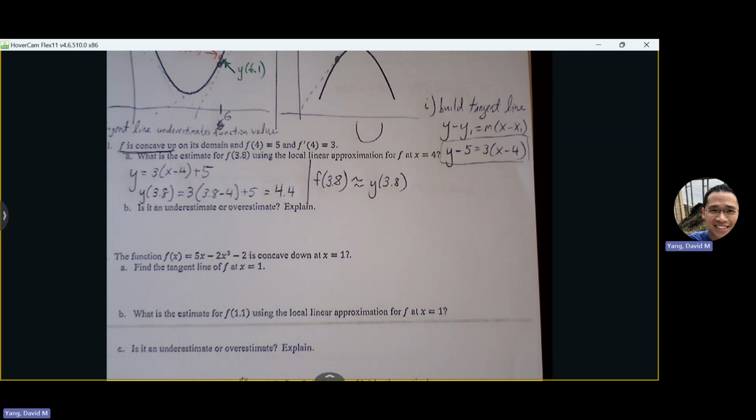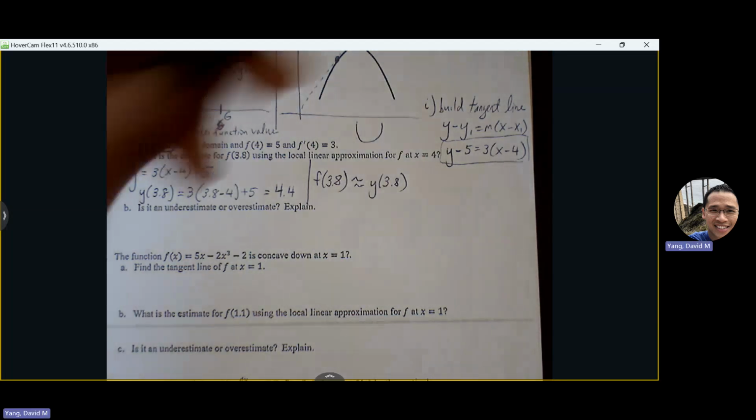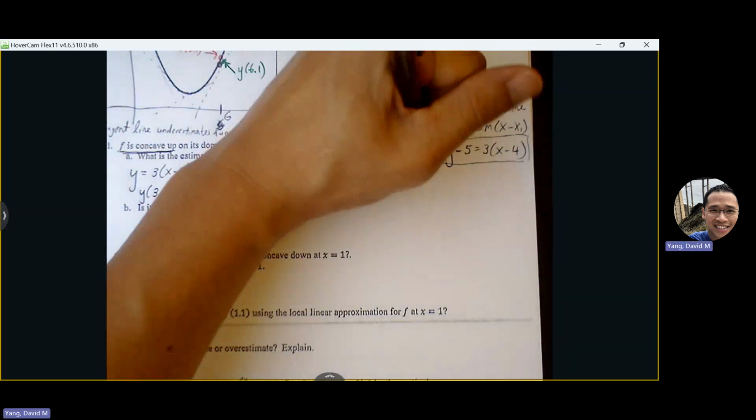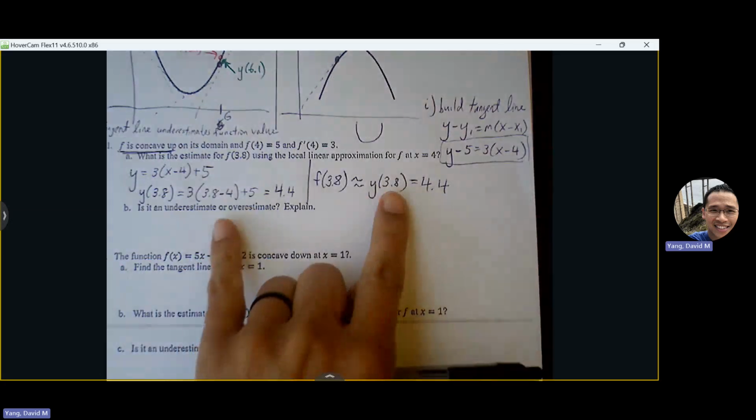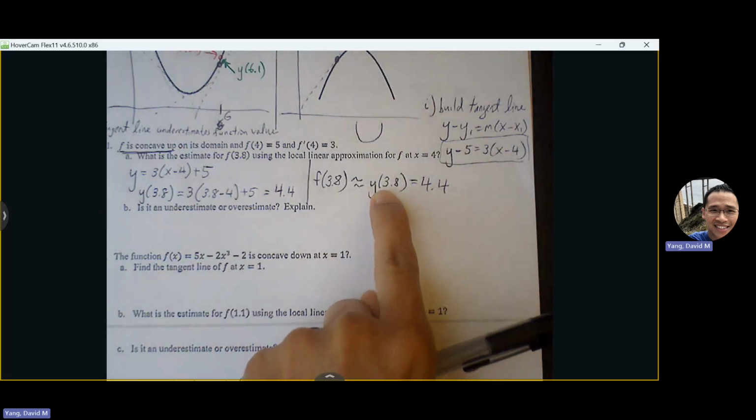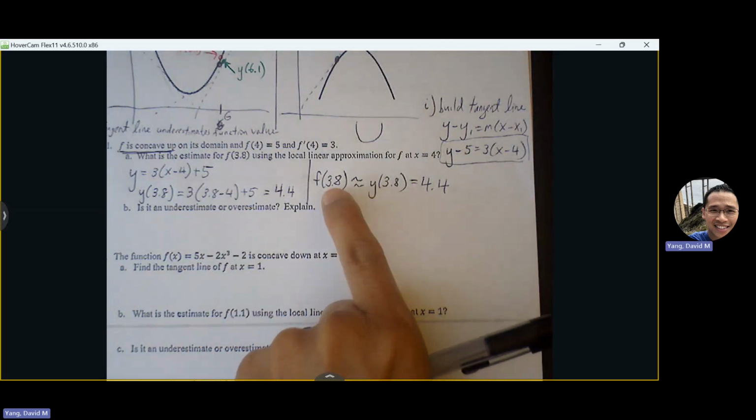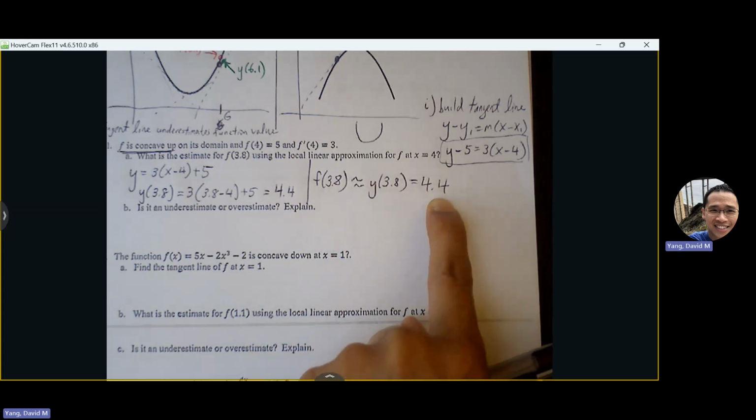It's skimmed the surface, and now there's a gap between the actual value and the point on the line. So y of 3.8 is equal to 4.4. This indicates that we're using a tangent line to approximate the actual point on the curve, and our approximation is 4.4.